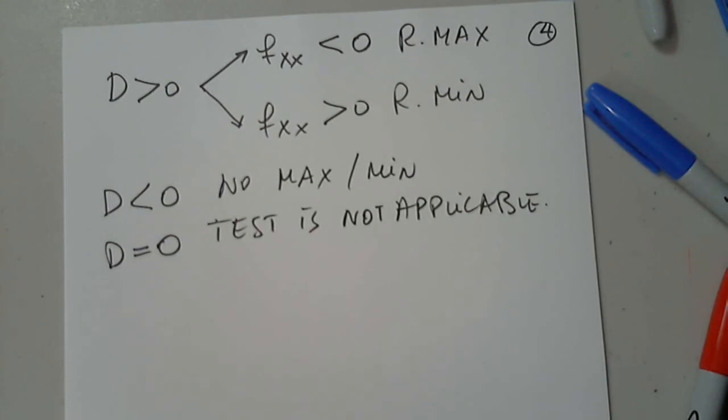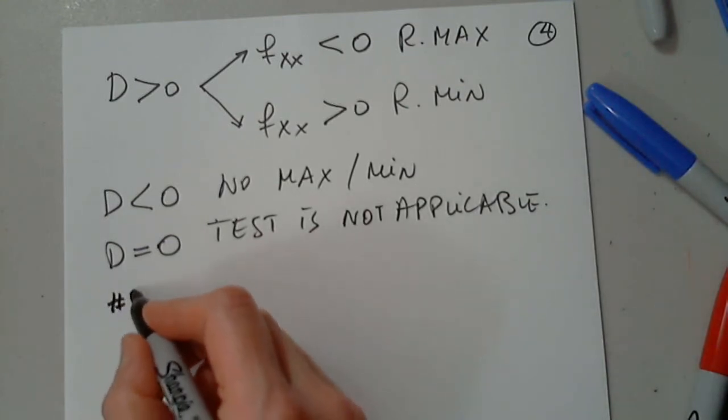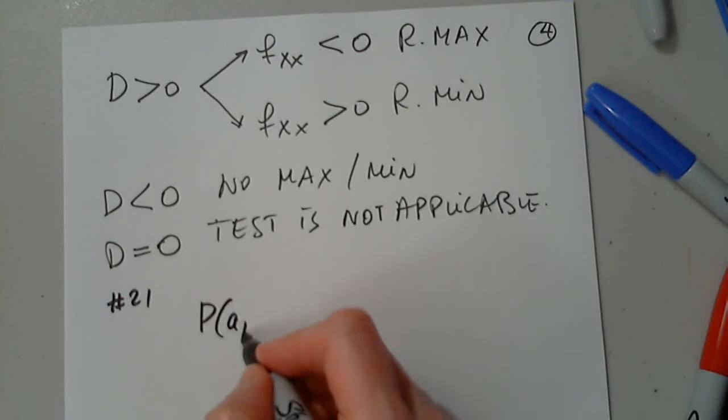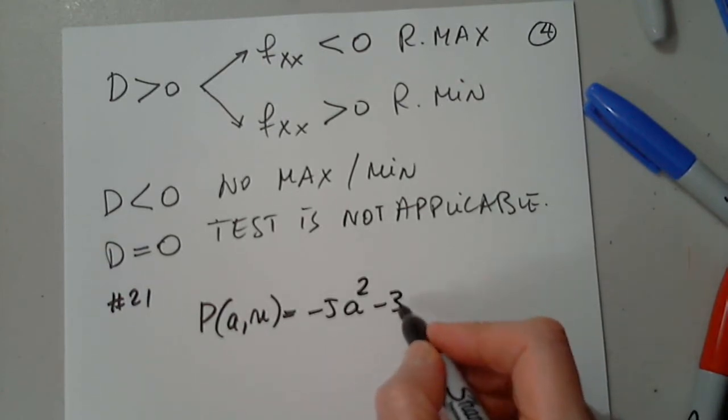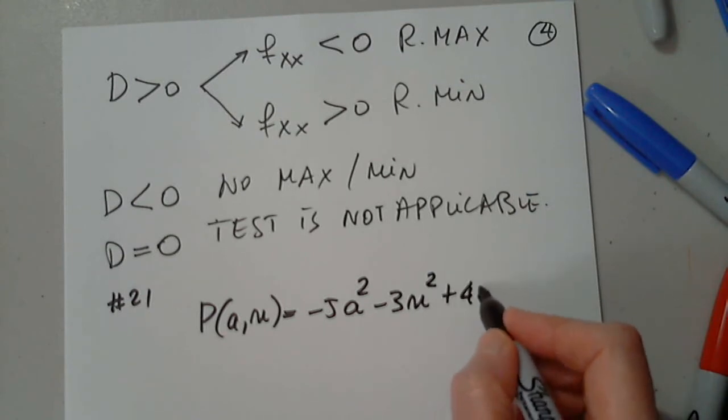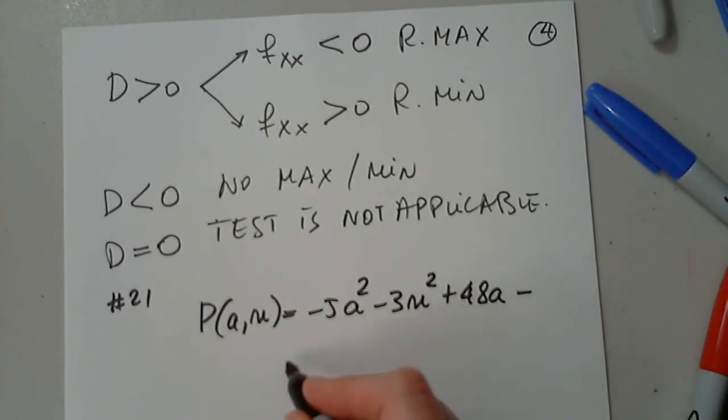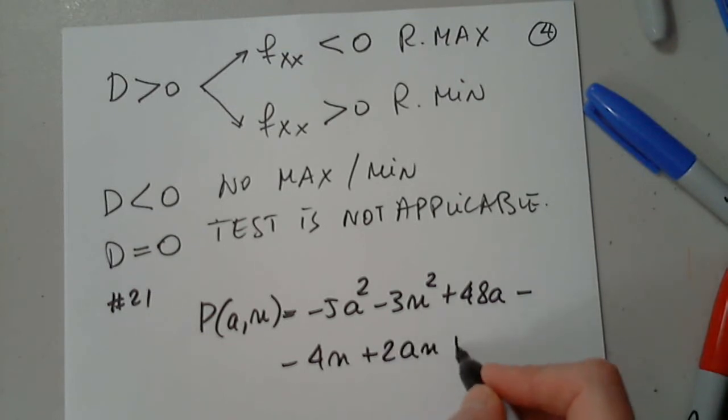So let's copy this. So this is 21, P of A comma N, negative 5A squared minus 3N squared plus 48A minus 4N plus 2AN plus 290. A is the amount spent on advertising in millions.